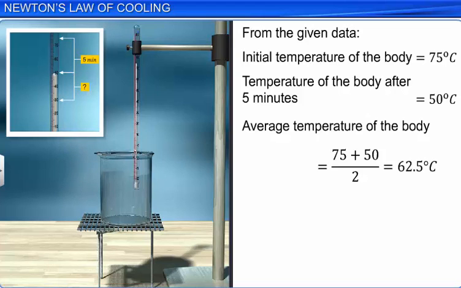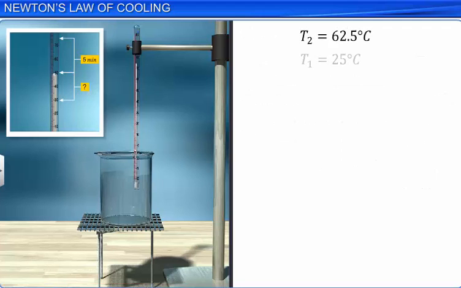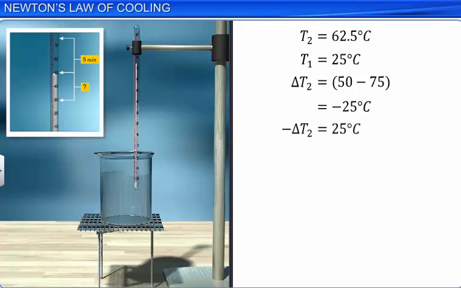Delta T2 is equal to minus 25 degrees Celsius. Minus delta T2 is equal to 25 degrees Celsius. Delta T is equal to 5 minutes.